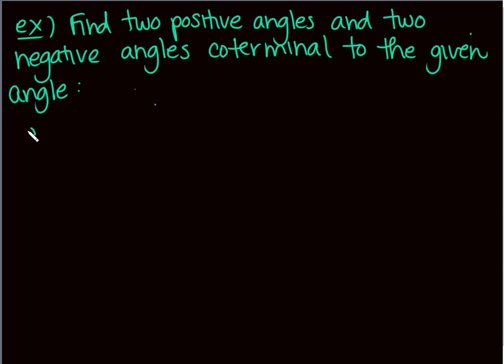All right, so let's look at the first angle. I want to look at negative 10 degrees. I want to find two positive angles and two negative angles that are coterminal to negative 10 degrees.